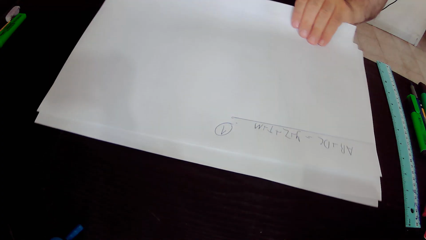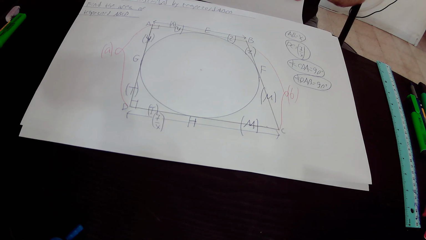What is the value of side AD plus the opposite side BC?